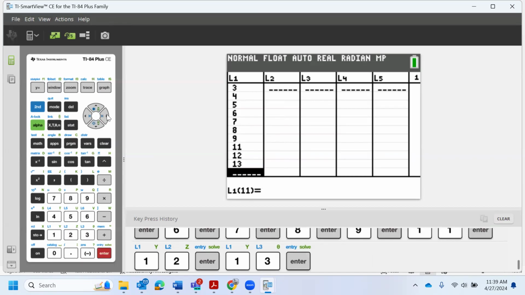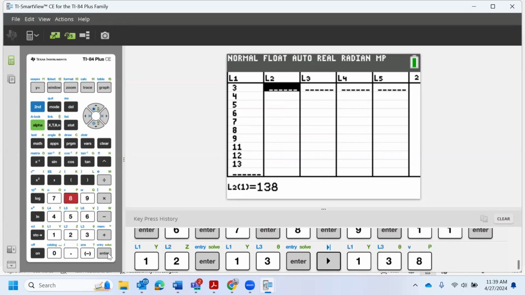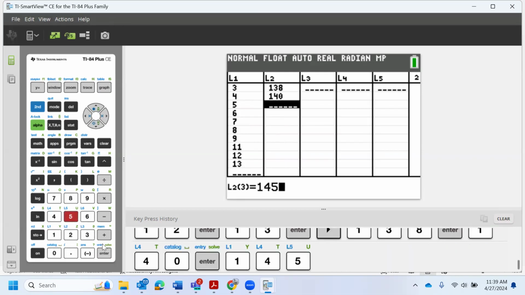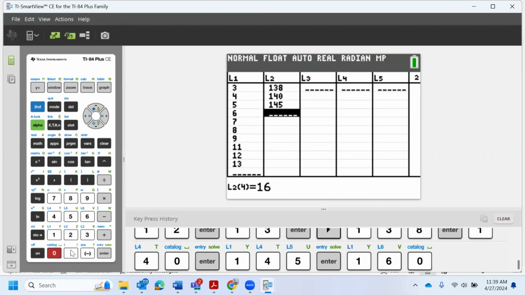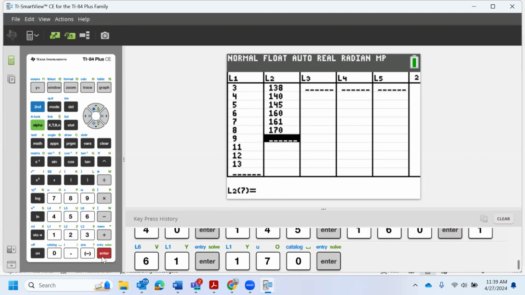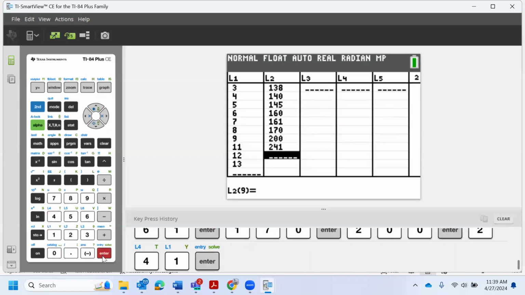Push it to the other side and key in the price: 138, enter, 140, 145, 160, 161, 170, 200, 241, 260, 300.